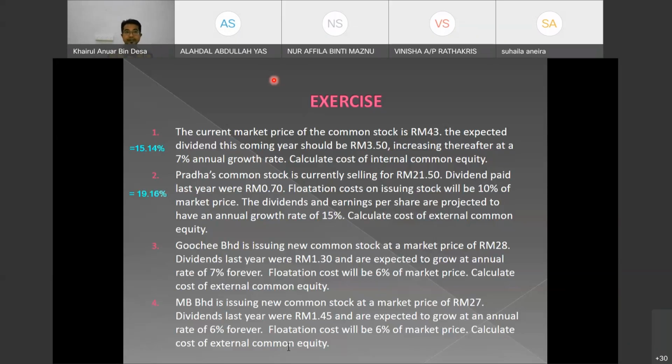You have to modify D0 to D1. Last year's dividend, D0, times 1 plus g, and you are going to have D1.